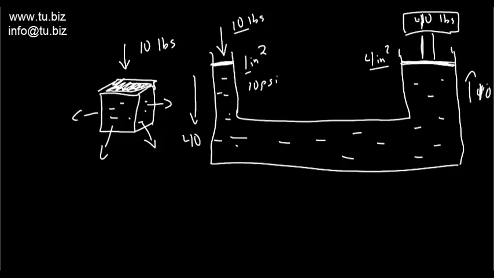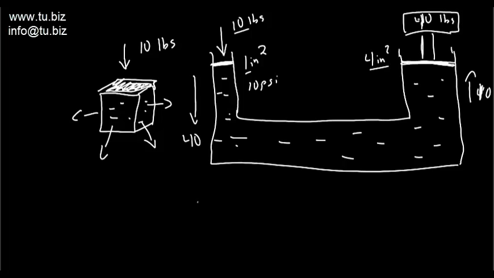The speed on how fast you move it down is going to be reduced by 4 times on the other direction. So you lift more but at a lower speed. So that's basically how hydraulics works, how fluid power works.